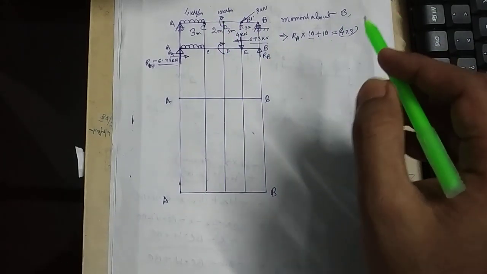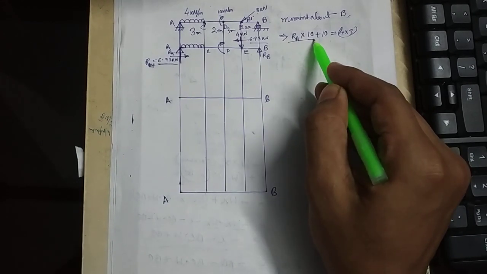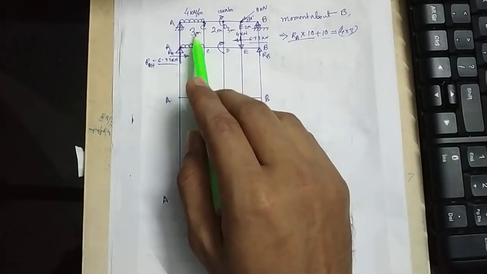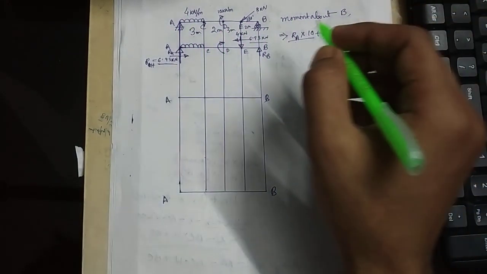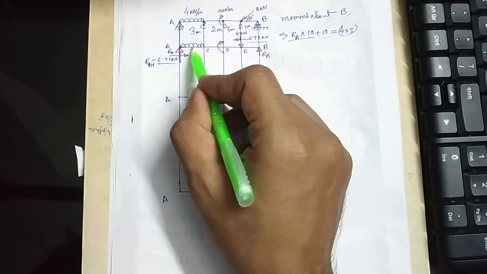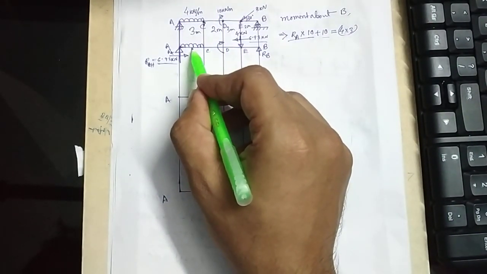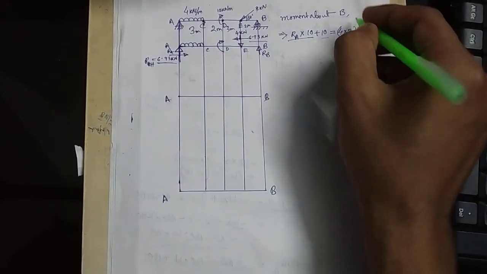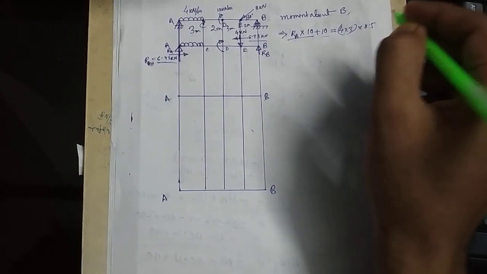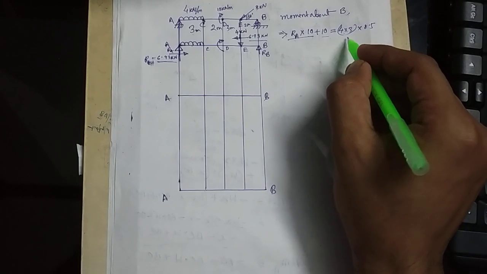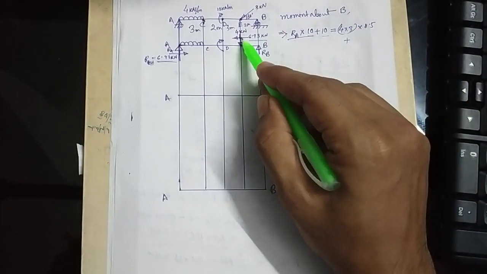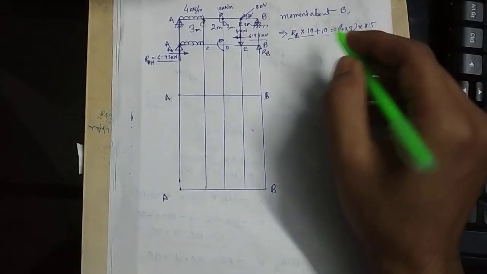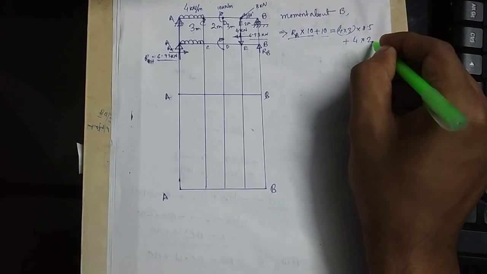Now this is RA into 10 plus 10, and this is equal to 4 into 3, that is 12 kN, working from here, so it will be working at 10 minus 1.5, that is 8.5, counterclockwise. Plus there is another, for the 4 kN load, 4 into 2.